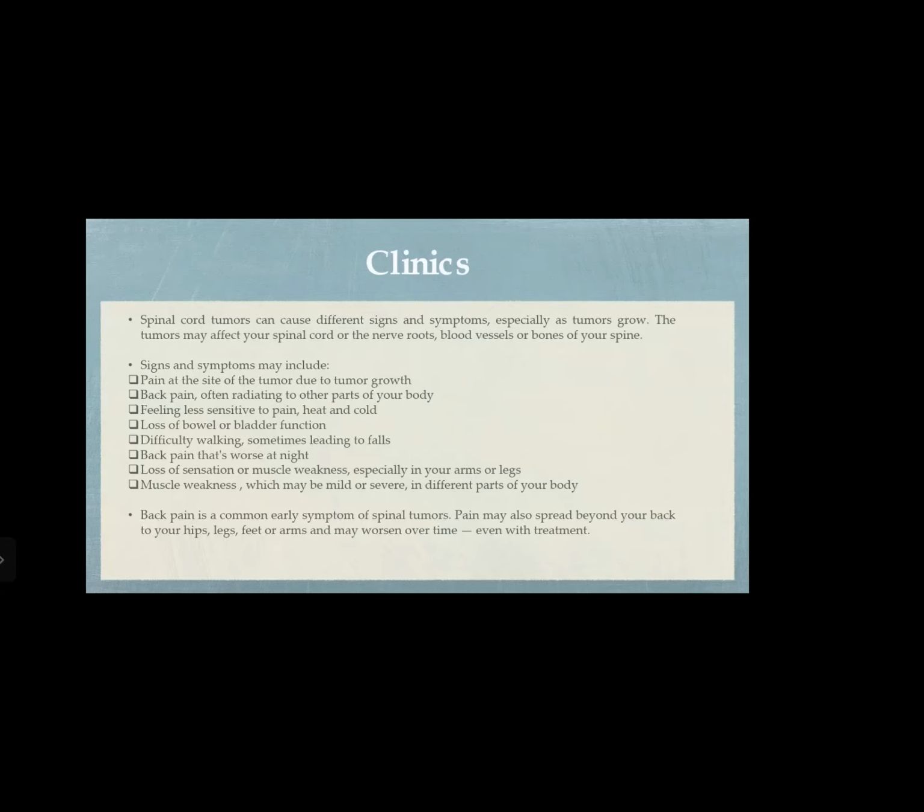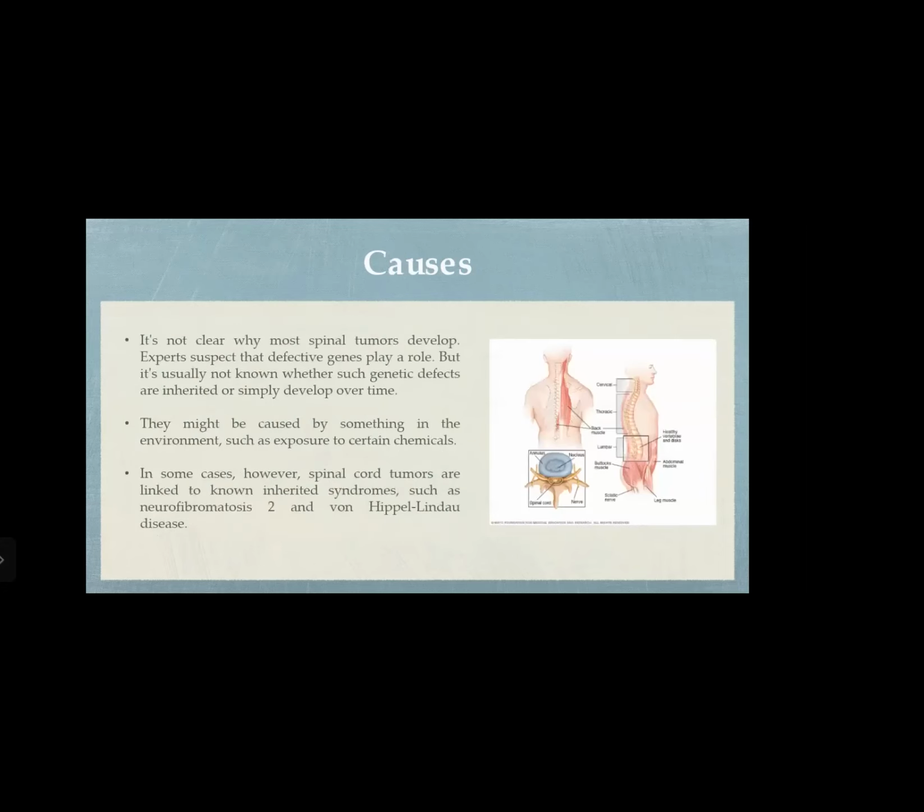Back pain is a common early symptom of spinal tumor. Pain may also spread beyond your back to your hips, legs, feet, or arms and may worsen over time, even with treatment. The causes: it's not clear why tumors develop.